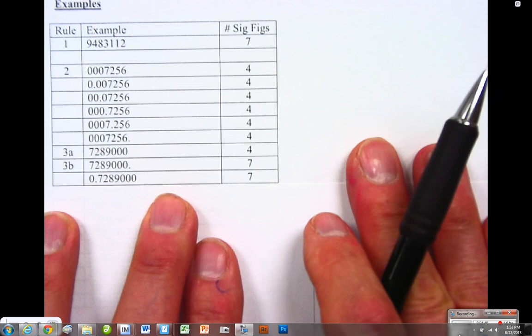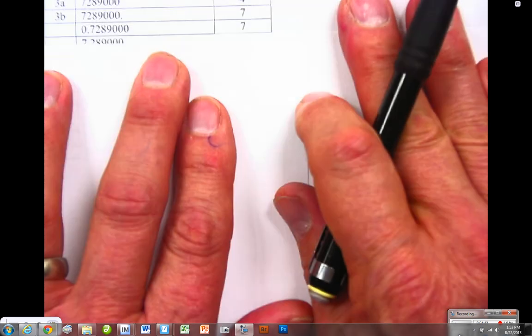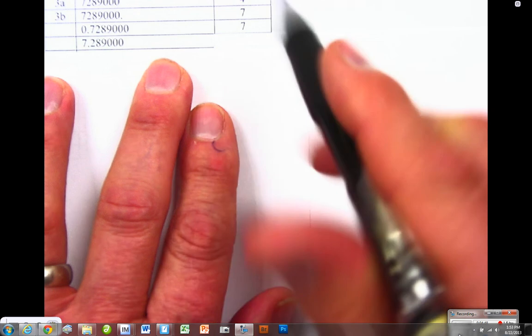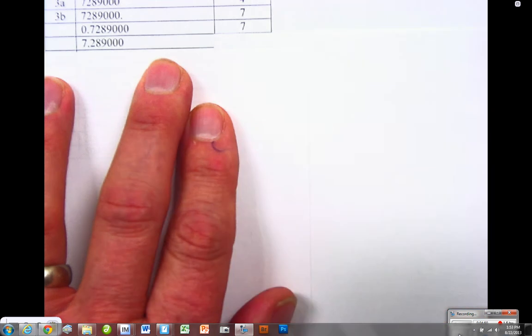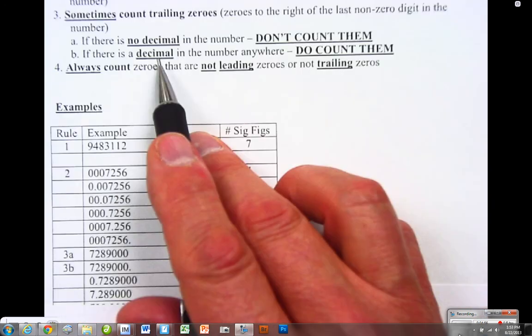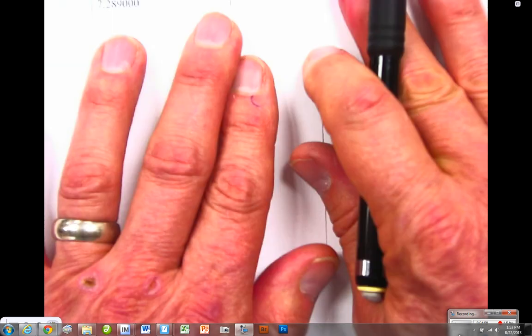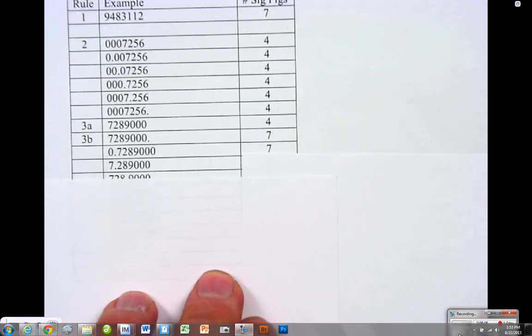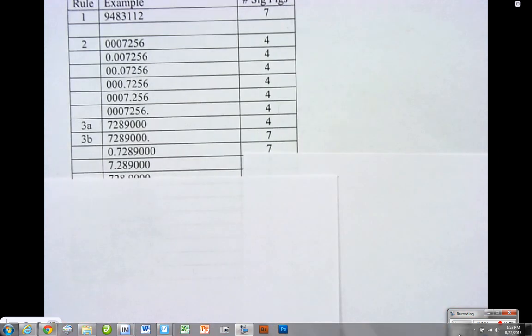Are you good? Okay, these things are a little tricky, and you just have to keep your head on straight and remember what leading and trailing zeros are, and the trailing zeros will only count when we have a decimal. Okay, here we go. Are these trailing zeros going to count? Okay, good.